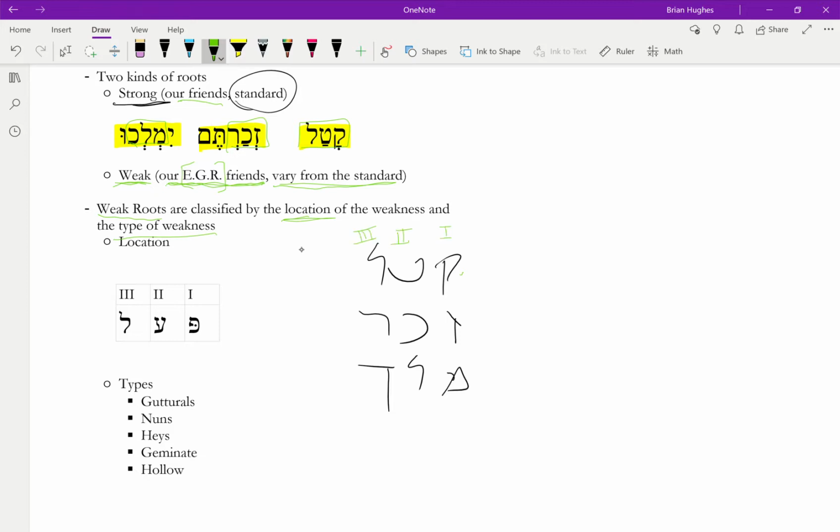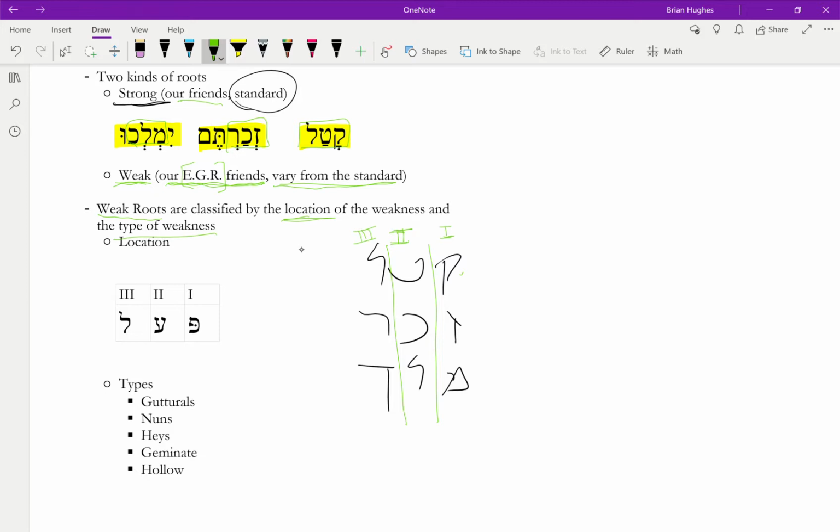And so one way to classify the weakness in a verb in terms of its location is which consonant we are talking about. The first consonant is the first one you come along, reading right to left in Hebrew. So in katal it'd be this kof here, in zachar it'd be the zayin, in melech it would be the mem. The second root position is the next consonant you interact with, so the tet here, the kaf here, the lamed here.